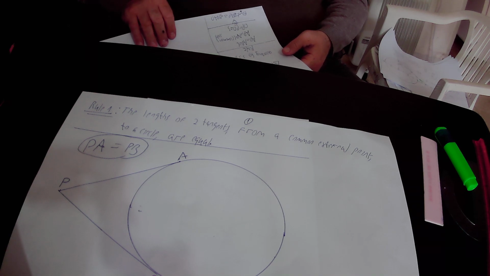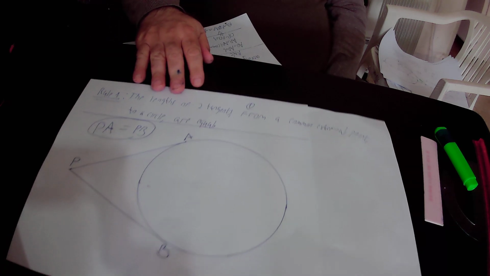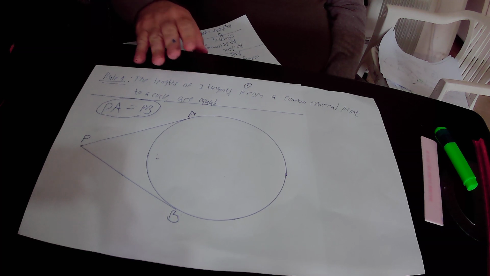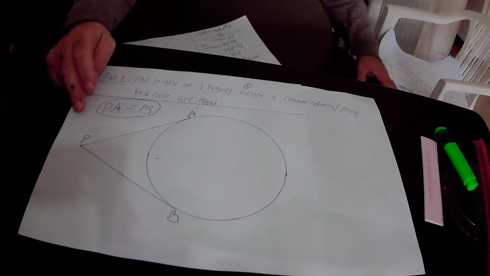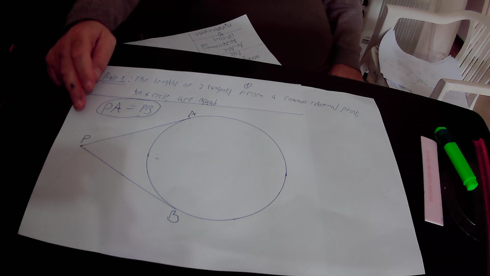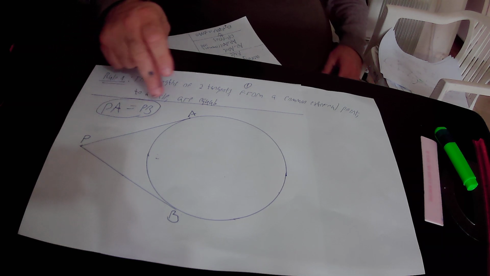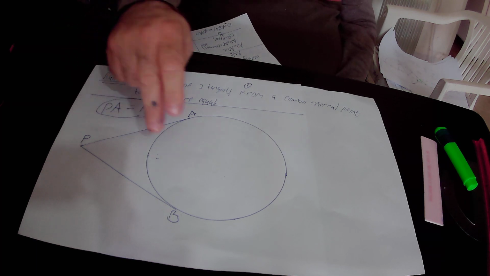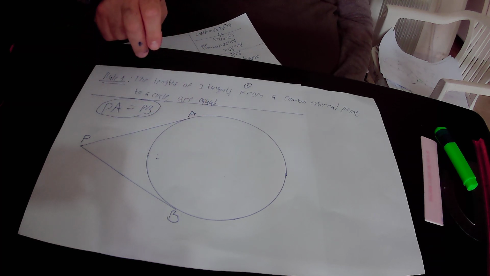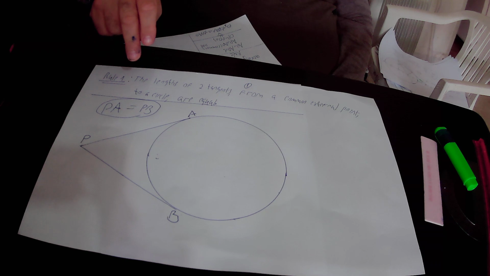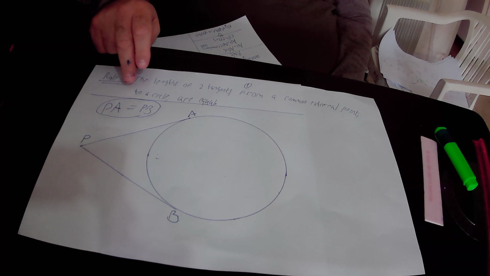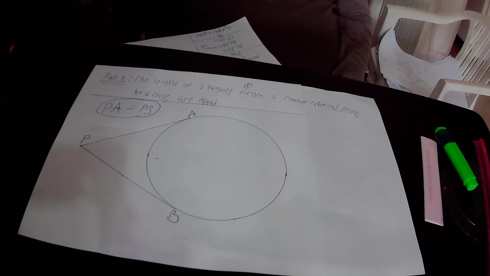If we have this circle and the point P is an external point of this circle, and from P we draw two tangents to this circle, the first tangent PA and the second tangent PB, then the lengths of those two tangents will be equal to each other. That is to say, PA equals PB. So whenever you draw two tangents to a circle from a common external point, the lengths of those two tangents will be equal to each other.